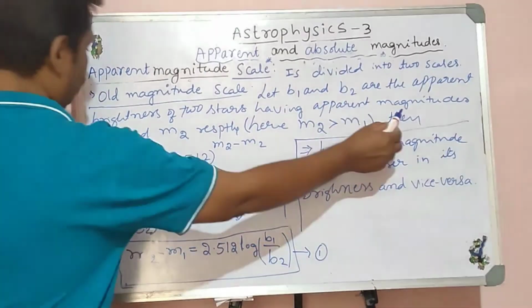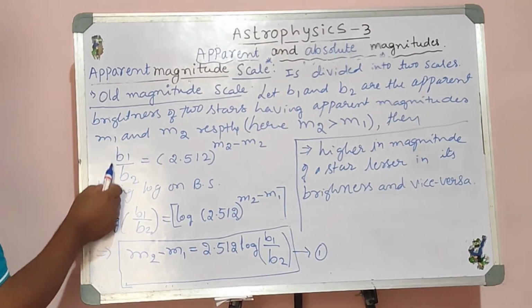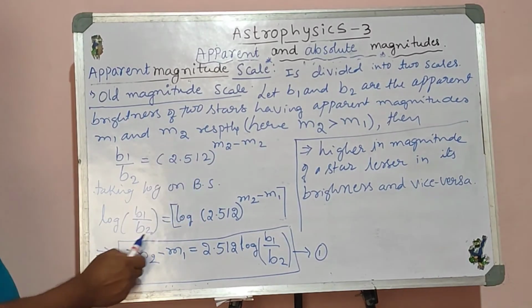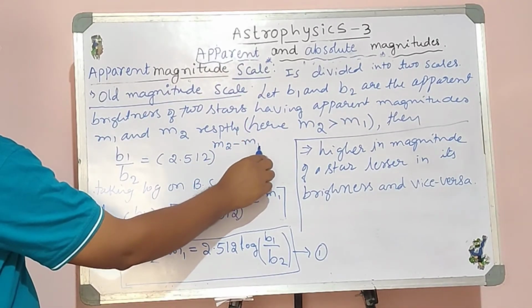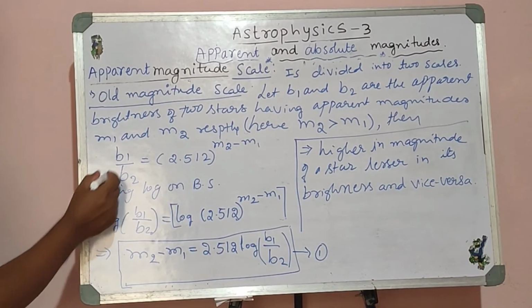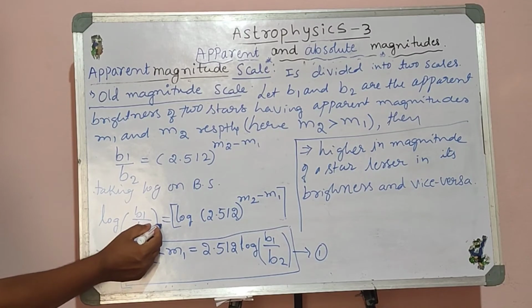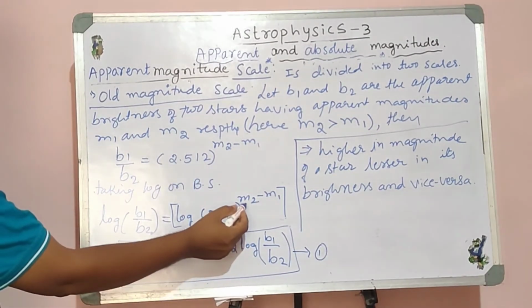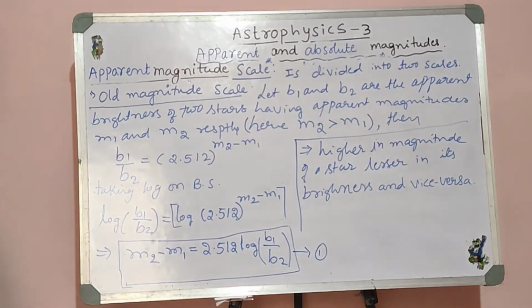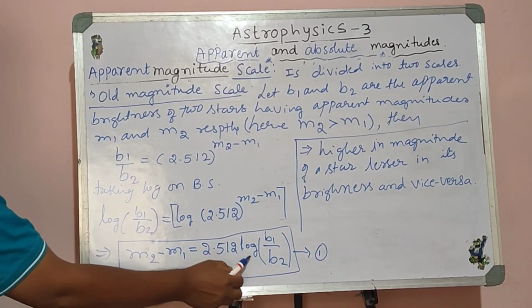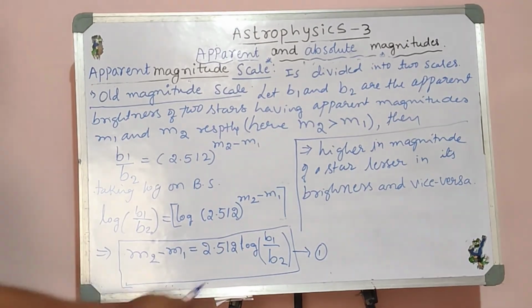Then according to Pogson, B1 divided by B2 is equal to 2.512 to the power of M2 minus M1. Therefore, taking the log on both sides, log of B1 divided by B2 is equal to log of 2.512 to the power of M2 minus M1. If we solve this, we get M2 minus M1 is equal to 2.512 log B1 divided by B2. Call it equation number 1.